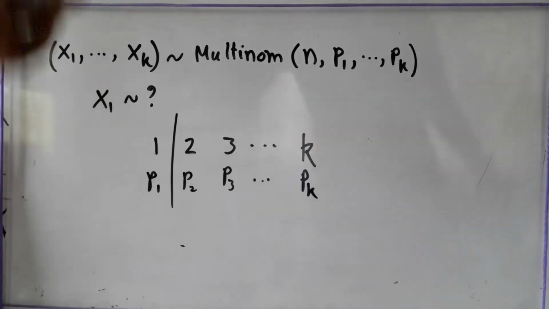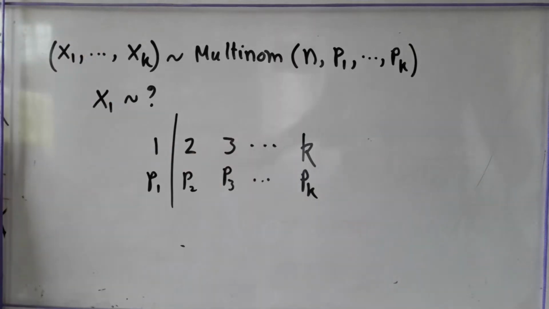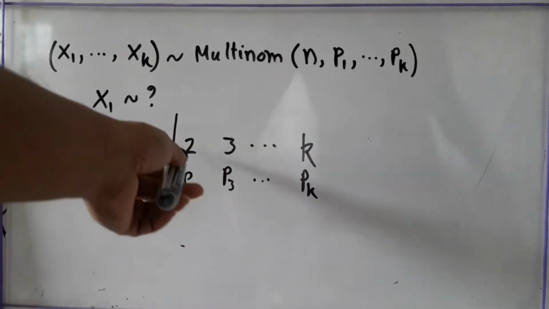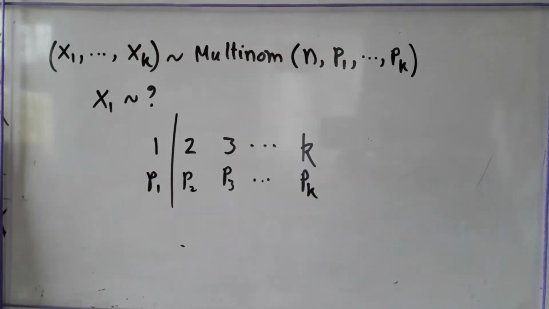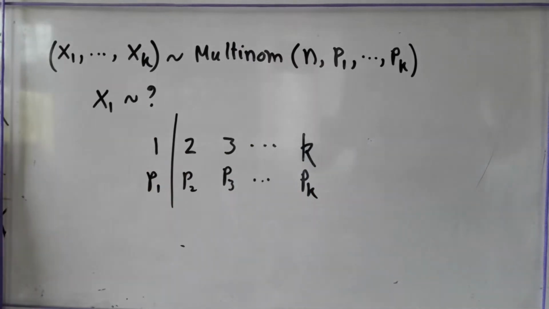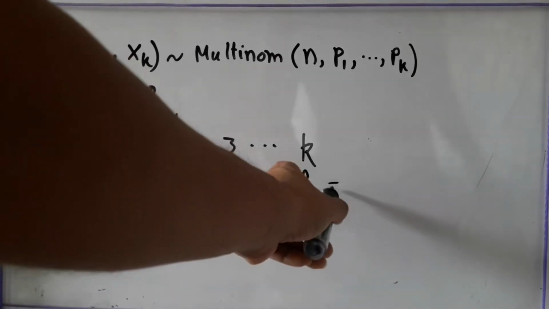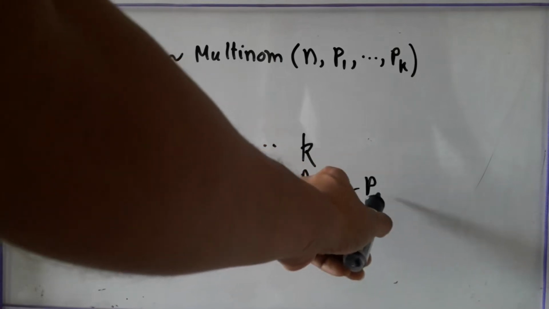So it is just like tossing a coin, where if I get 1 I call it head, and if I do not get 1, that is I get any of these other k minus 1 things, I just call it a tail. Then the probability of head is p1, while the probability of tail is p2, p3, etc. up to pk, which can be abbreviated to 1 minus p1.